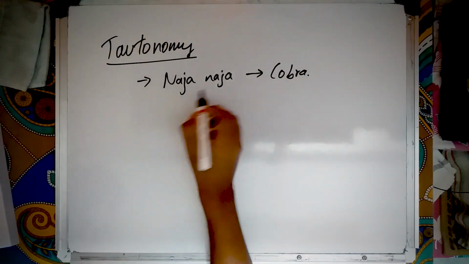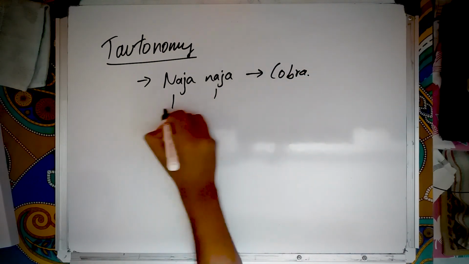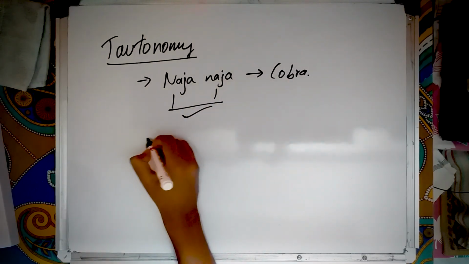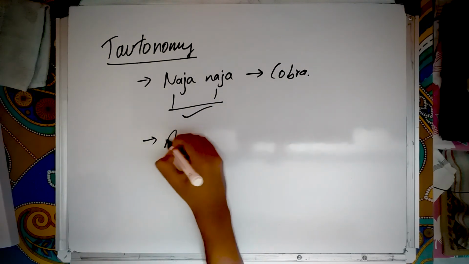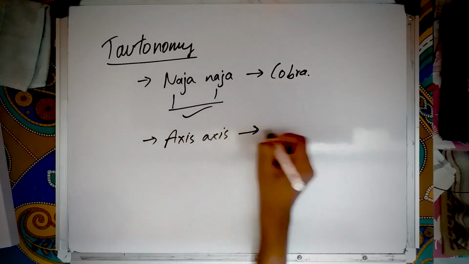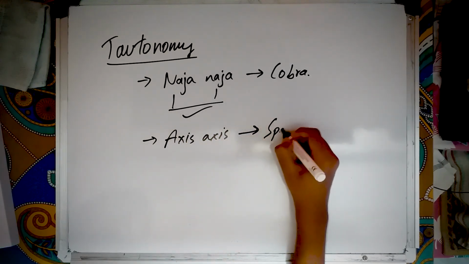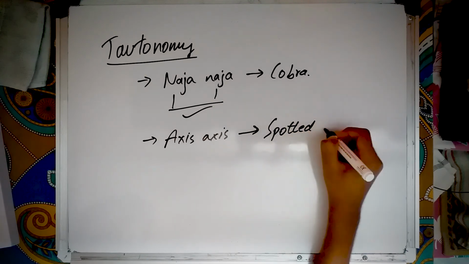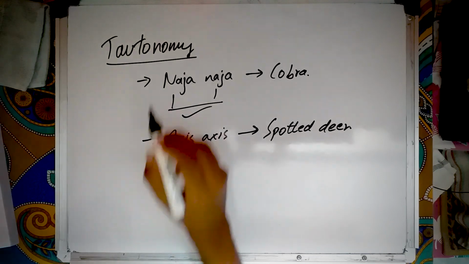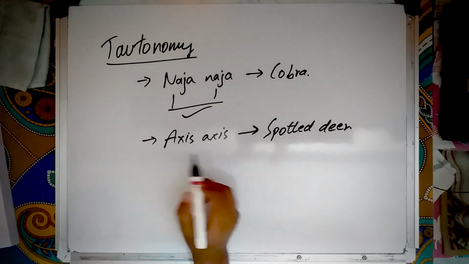Here, you should notice that the genus name and species name are the same. Also, Axis axis, this is the spotted deer. This is called tautonomy, where both the species name and genus name are the same.